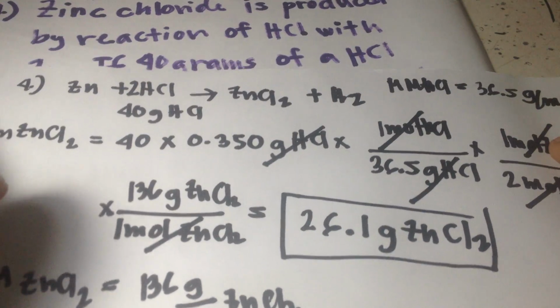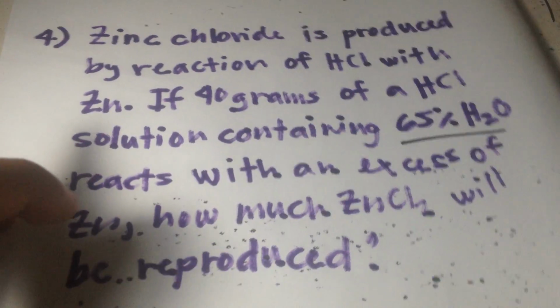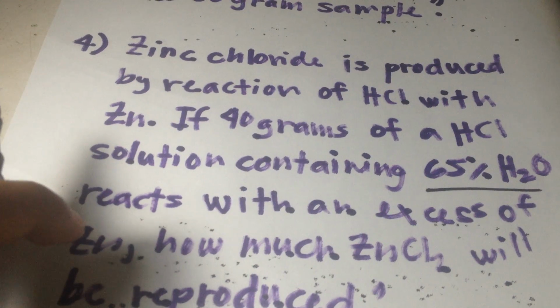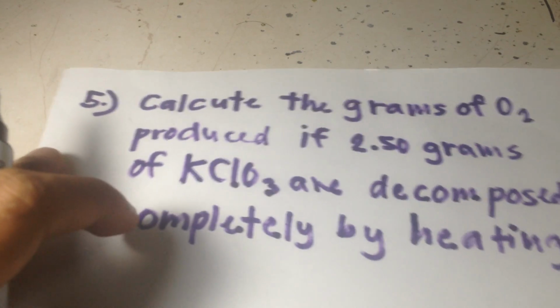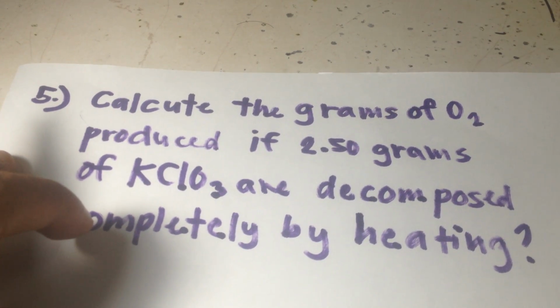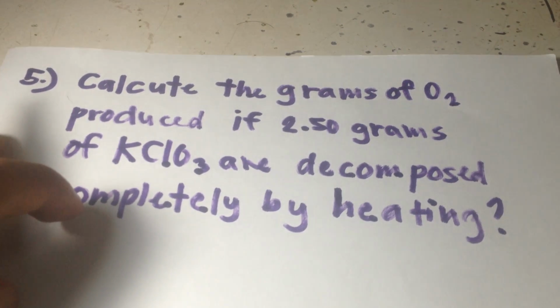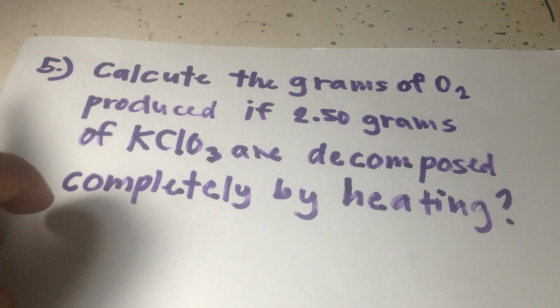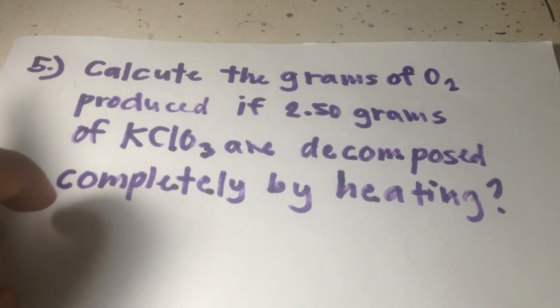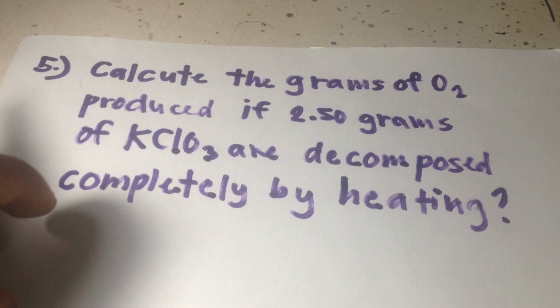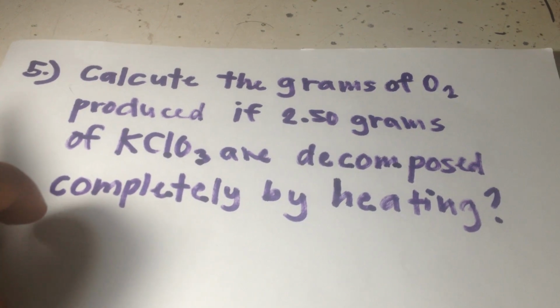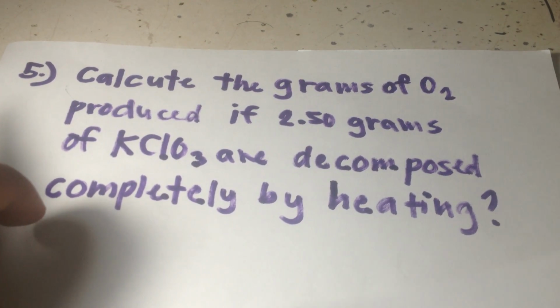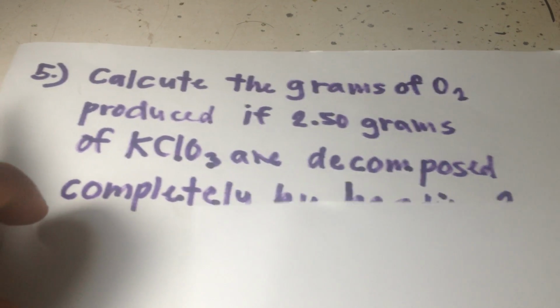Let's continue in number 5. Number 5, we have: calculate the grams of oxygen gas produced if 250 grams of potassium chlorate are decomposed completely by heating. So we need to write the decomposition reaction of potassium chlorate.